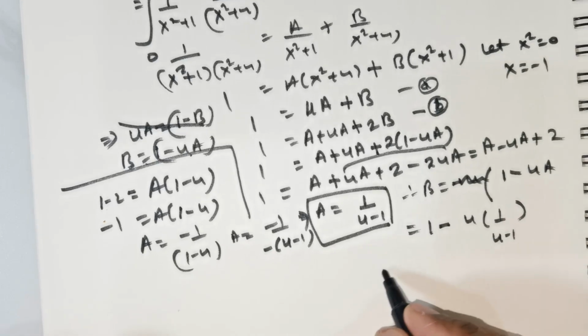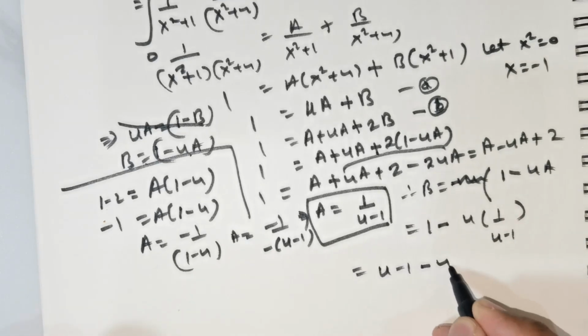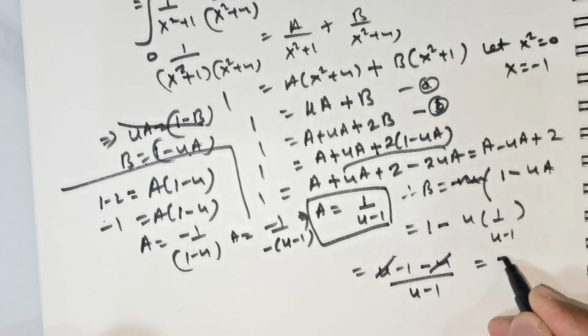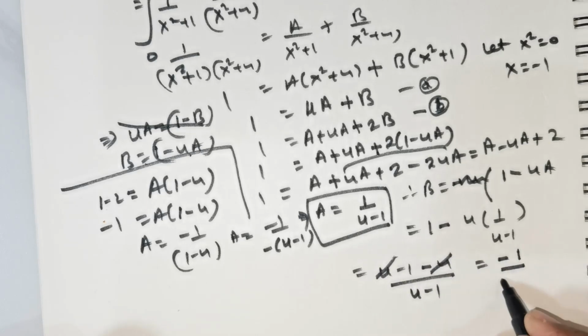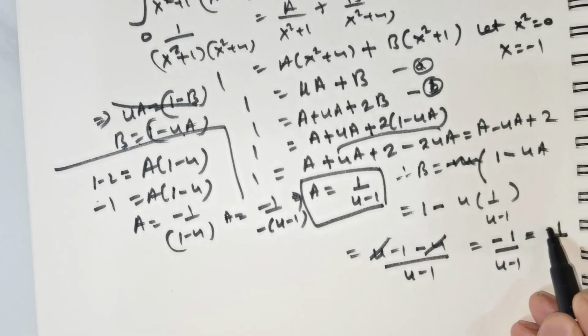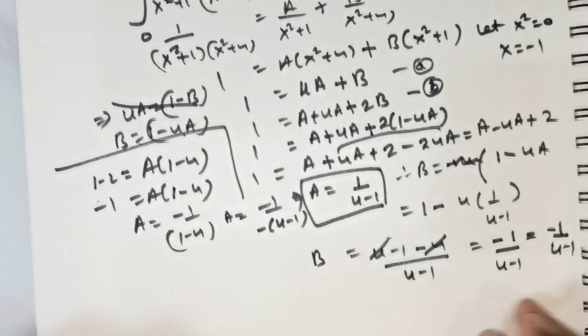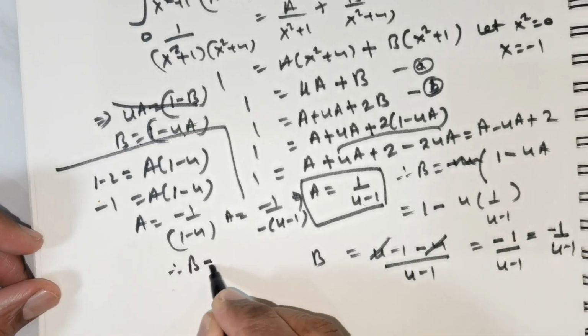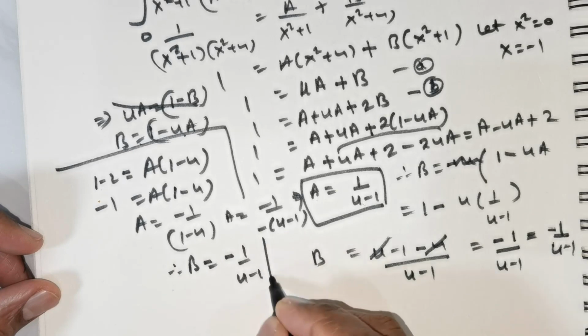You cross multiply: u minus 1 minus u divided by u minus 1. Minus u plus u gets cancelled, giving you minus 1 over u minus 1. So this is my value of b. Therefore b is equal to minus 1 over u minus 1.